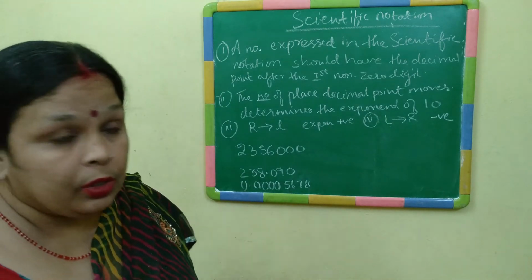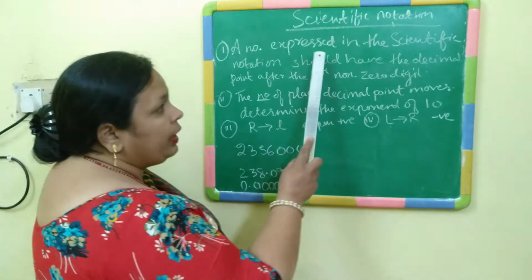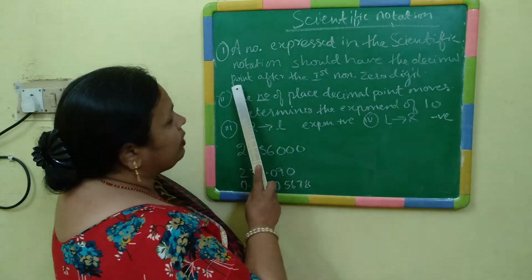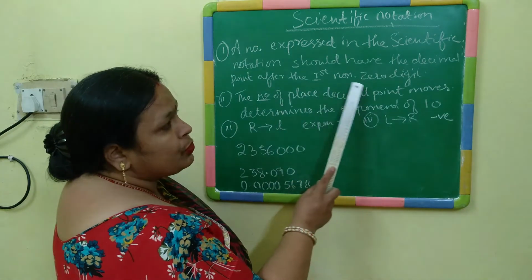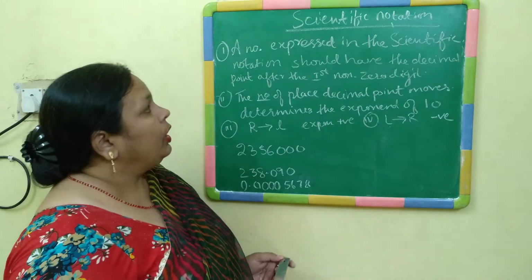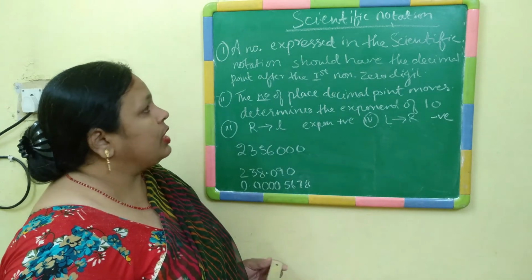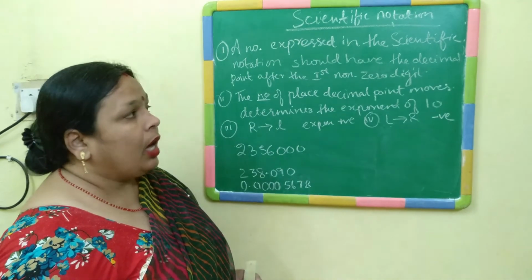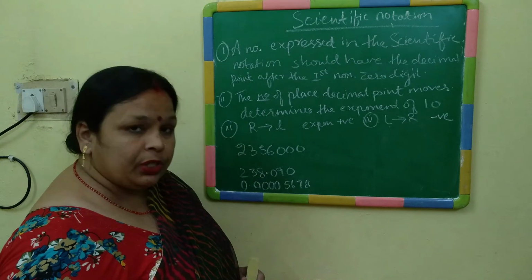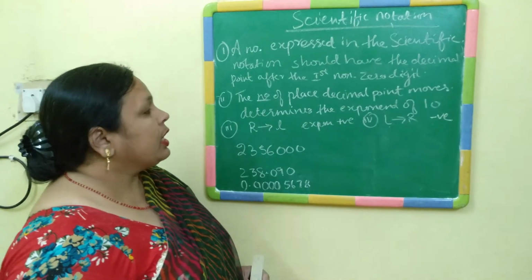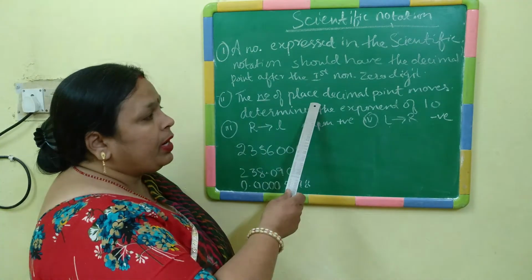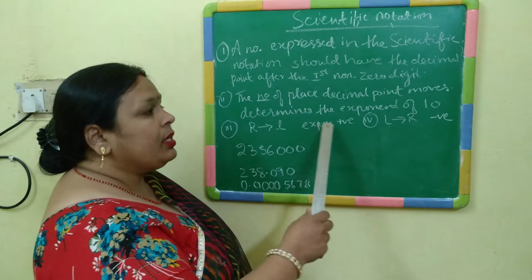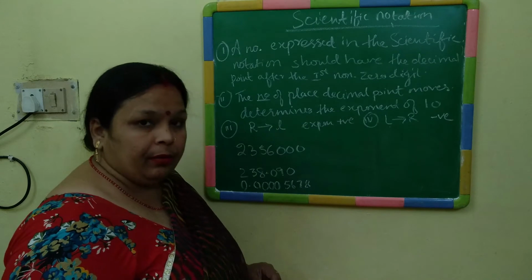The first rule is that a number expressed in scientific notation should have the decimal point after the first non-zero digit. The second rule is that the number of places the decimal point is moved determines the exponent of 10.